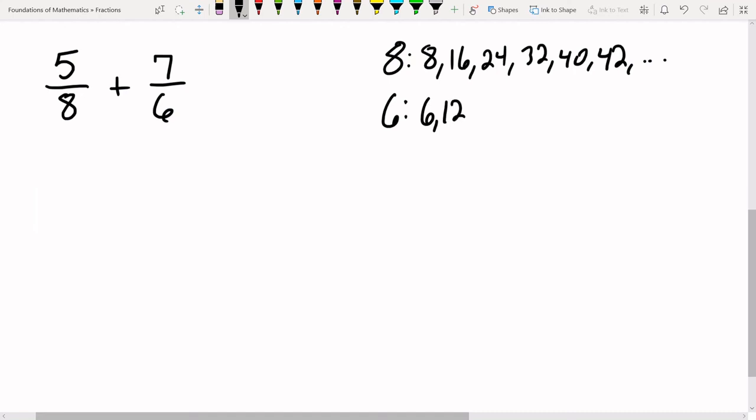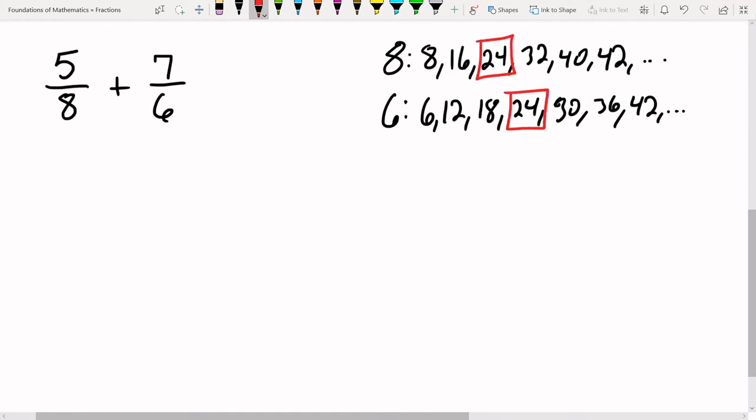We get 6, 12, 18, 24, 30, 36, 42, and so on. And here you can see that we have 24. That's going to be the least one. There's also 48 as a common multiple. So we know that we can get denominators of 24 in both of these fractions.